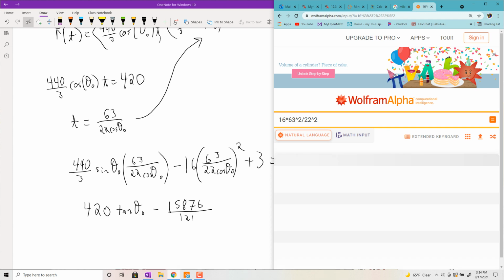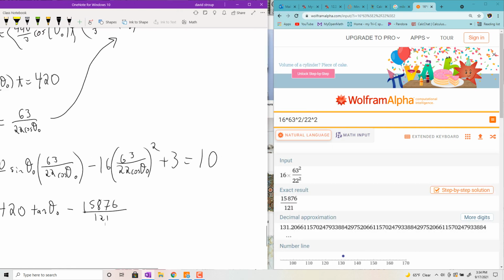I hate it when it does this to me. 15876 all over 121, yeah. And then 1 over cosine squared is the same as secant squared, theta sub 0, plus 3 equals 10. I think then we can, no, I need the calculator still.